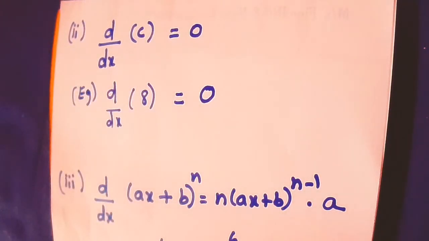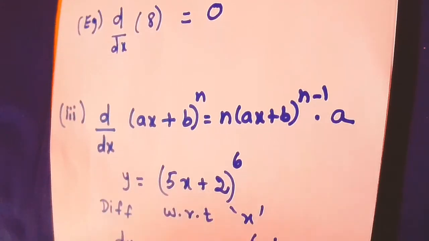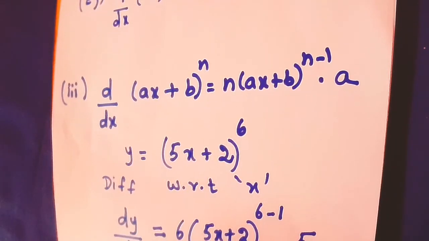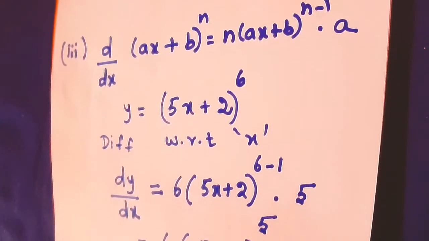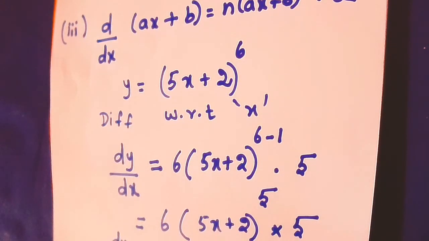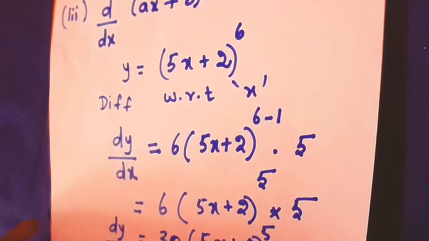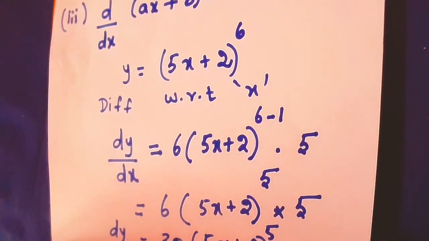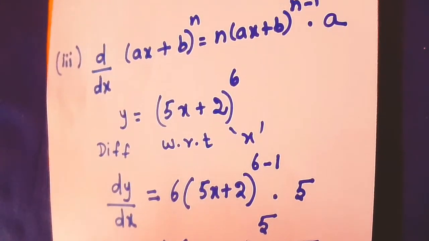It could be any number, the value will be 0. And then we discussed differentiation of (ax plus b) the whole raised to the power n is equal to n times (ax plus b) the whole raised to the power n minus 1 times a. This is the third rule.